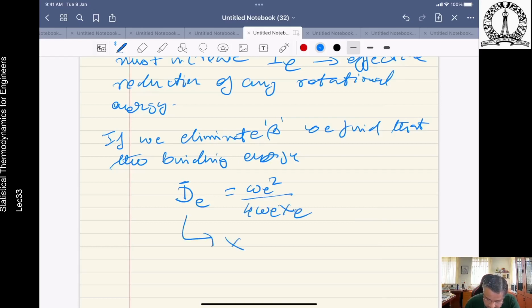This is not the same as D_e, which is basically a rotational constant. So we find the binding energy can be replaced by this.